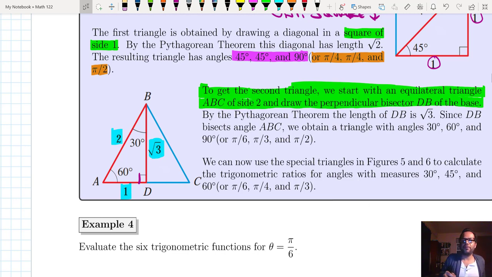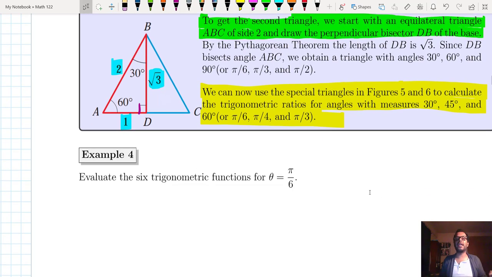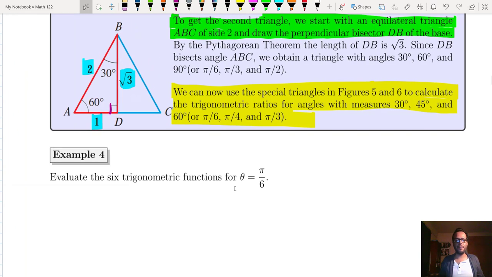And in this case, we may now use these triangles, special triangles, right? Omit the 5 and 6 that were taken from the textbook. They were not labeled actually. And now we can find the trigonometric ratios for those special angles, the angles that we will most likely be working with for the rest of the chapter, okay?